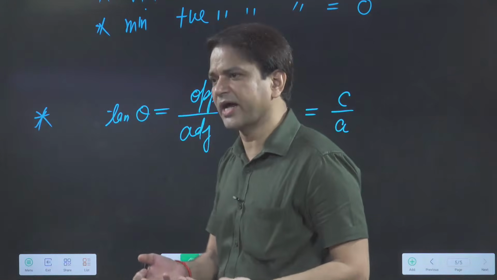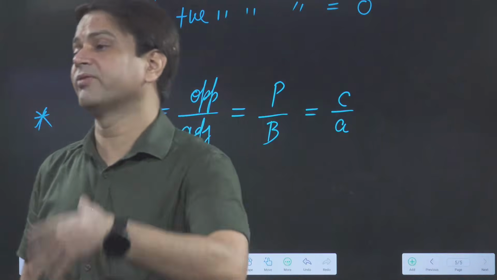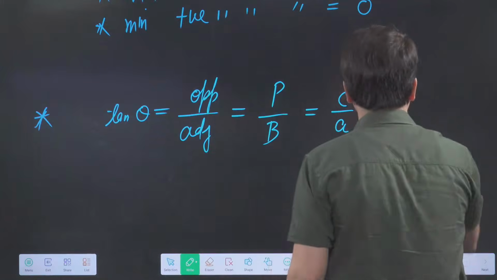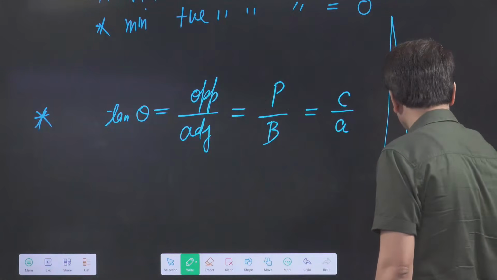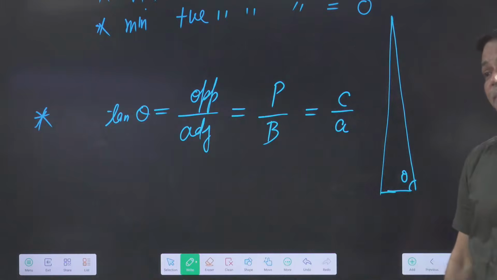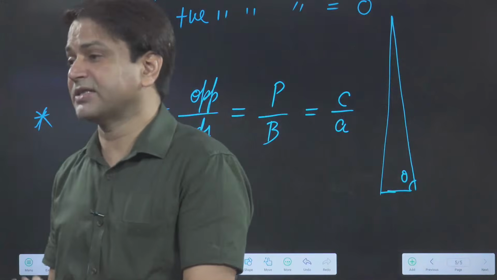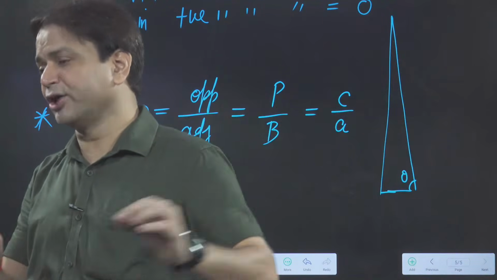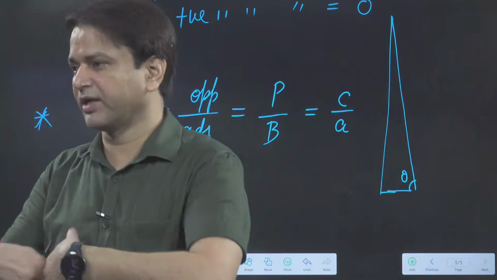In any triangle, the perpendicular can be large and the base small, or the base can be very large and the perpendicular very small. Suppose I make one triangle like this. Then you can see the perpendicular is very large and the base is very small, so tan theta will be very large. And when I take the perpendicular very small and the base large, then tan theta will be very small.